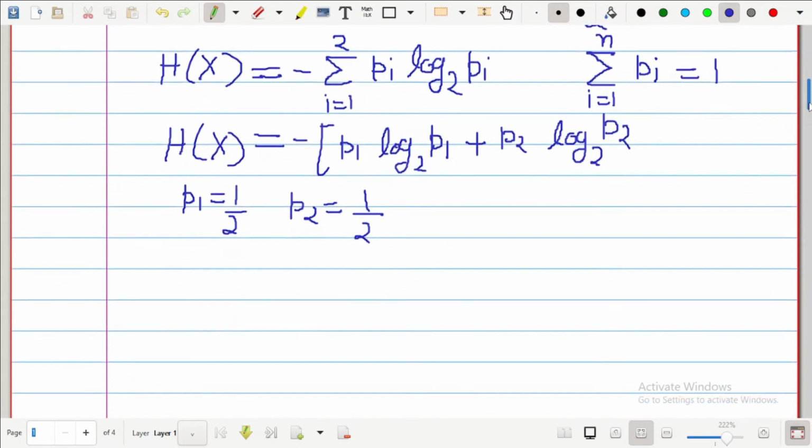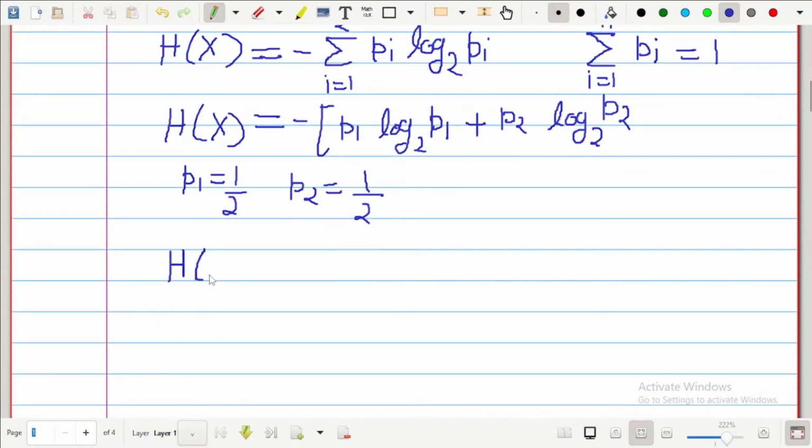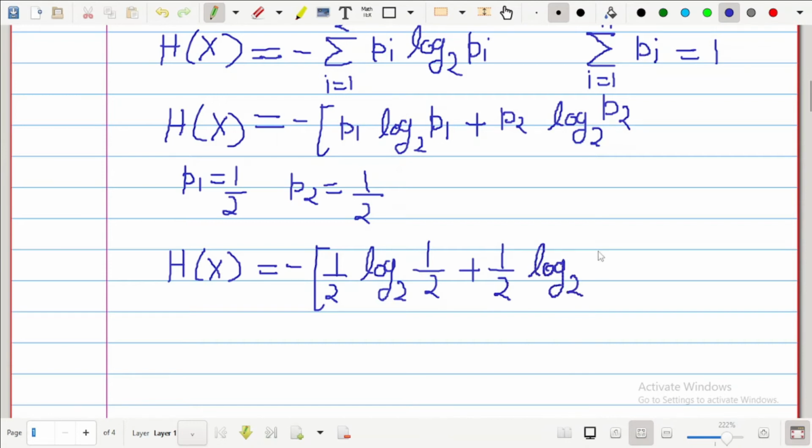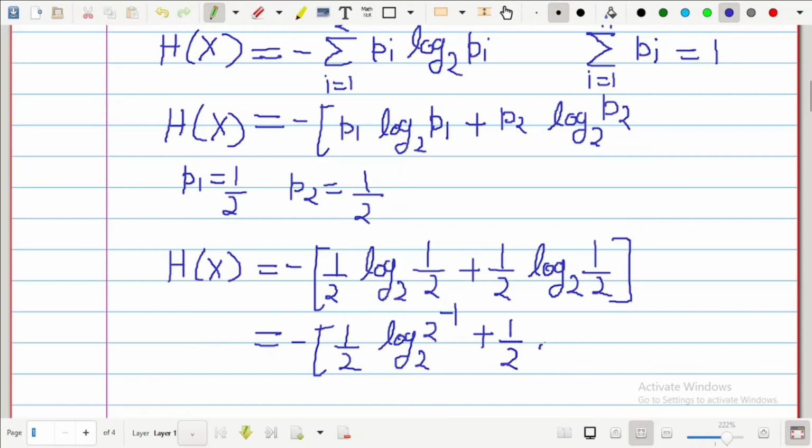Now if you calculate entropy H(X), that would be minus half log base 2 half plus half log base 2 half, which equals half log base 2 to the power minus 1 plus half log base 2 to the power minus 1.